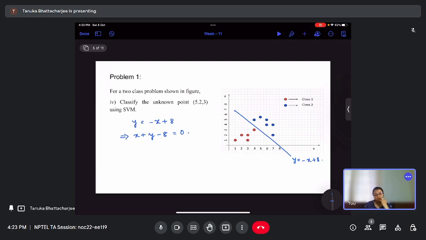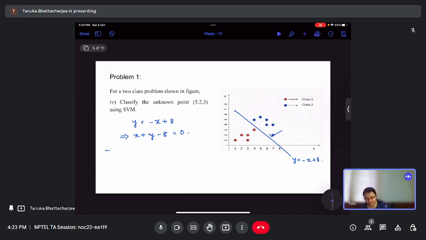Now, one side of this line will have positive values of x plus y minus 8 and one side will have negative values of x plus y minus 8. So, if you just put one point and check which side is positive, let us put this point which is 7, 2.